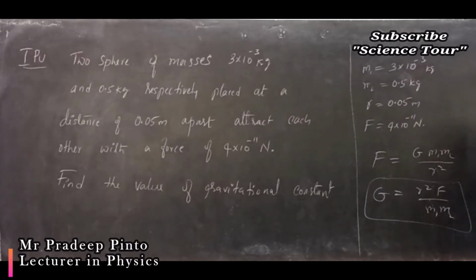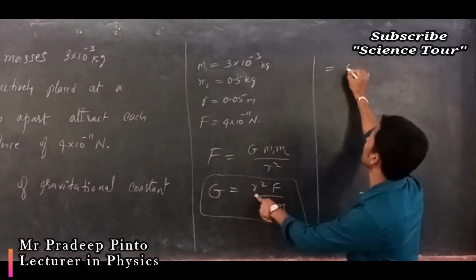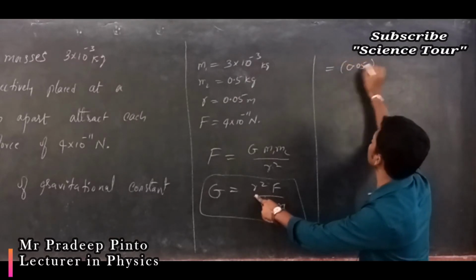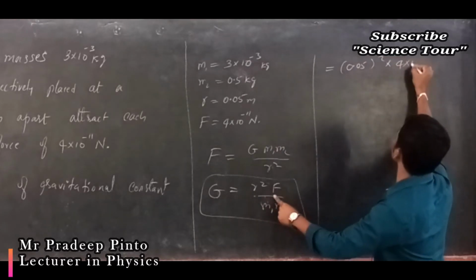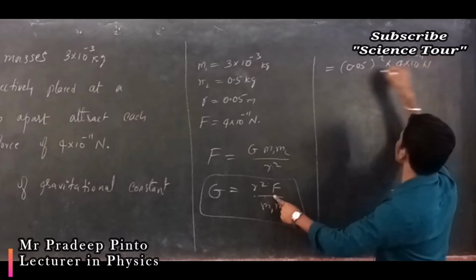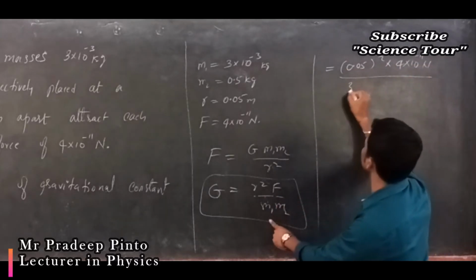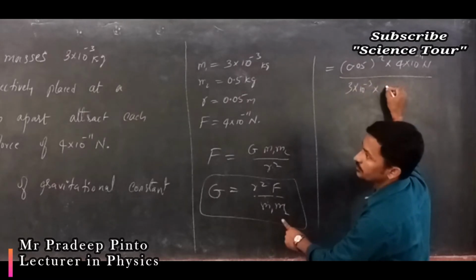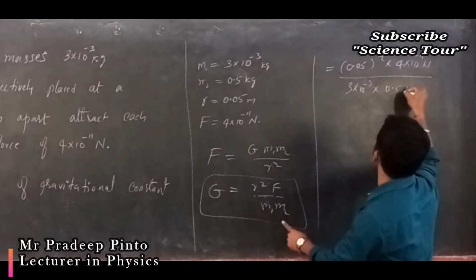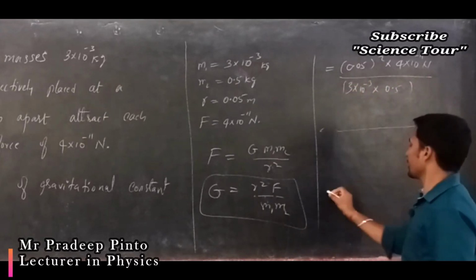Now we will substitute. r square is 0.05 whole square, into F, that is 4 into 10 to the power minus 11 Newton, divided by m1 and m2, that is 3 into 10 to the power minus 3 into 0.5. So substitute and find out the value.